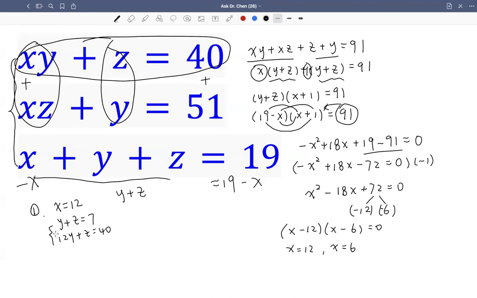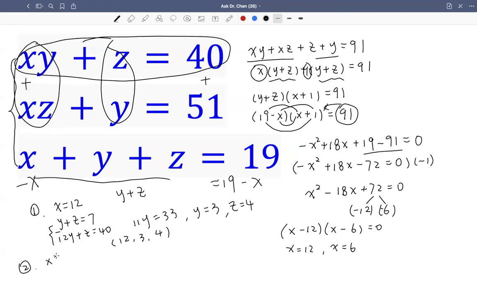So we subtract those 2 equations. 12y minus y gives 11y, z minus z equals 0, 40 minus 7 is 33. Divided by 11 on both sides, y equals 3. Now y plus z equals 7, so z equals 4, since 4 plus 3 equals 7. So that's the first solution: x, y, z equals 12, 3, 4.